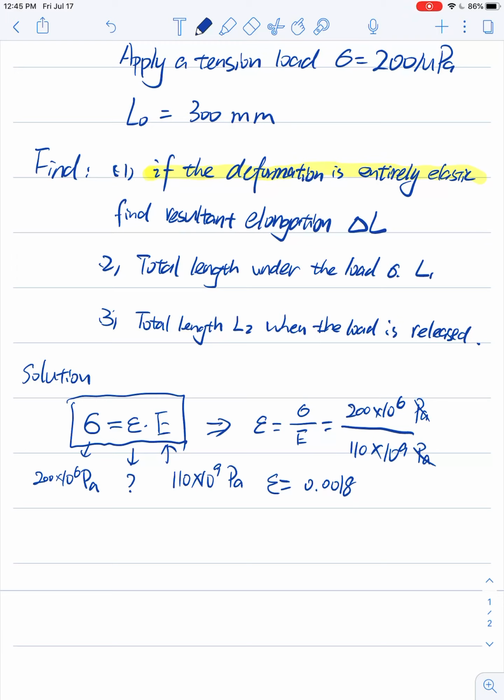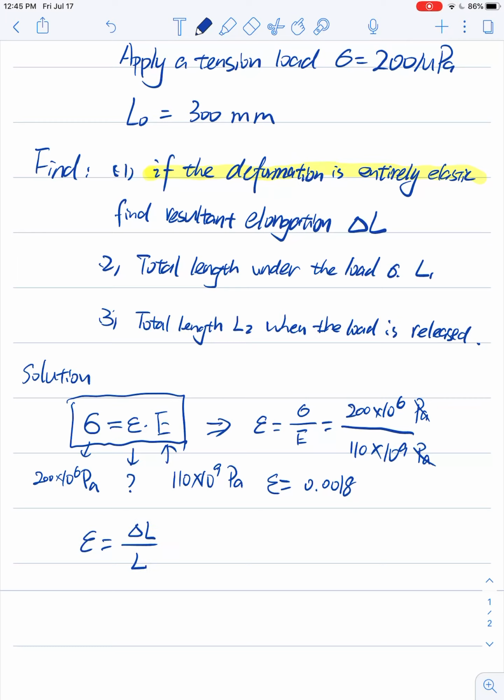That's the strain under this tension load. Okay, so far we solved... no, we haven't solved the first question yet, since here we're looking for the resultant elongation delta L. We're one step away from delta L since we already know the strain.